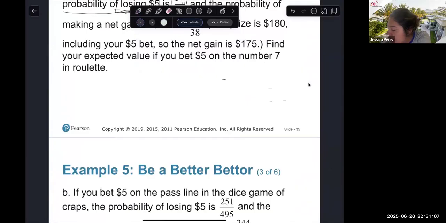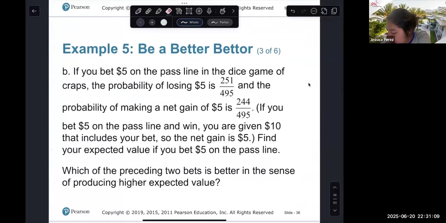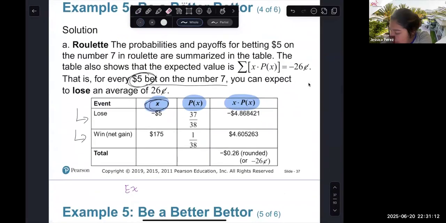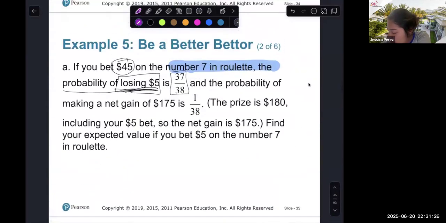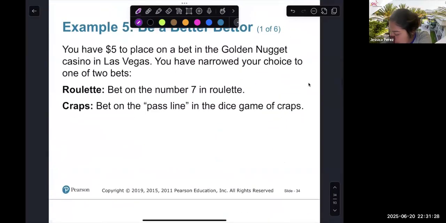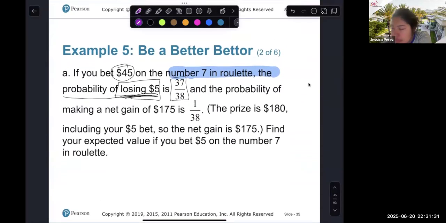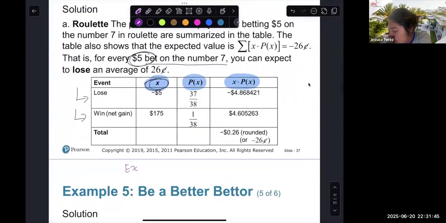So the first thing we did was make a table separating the event of losing and winning. X represents how much you win, how much you lose, and the probability is given. So we're just going to be using what we're given here: how much you're betting on the number 7, the probability of losing, and the net gain when you do win, with its probability.